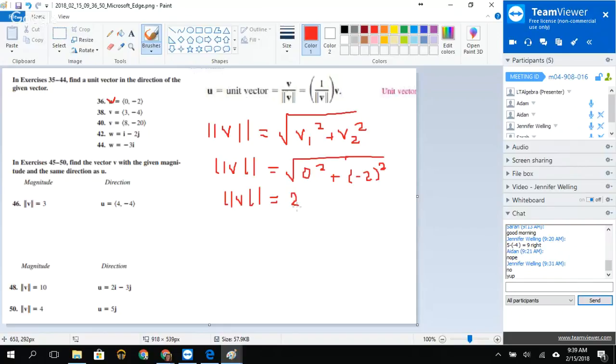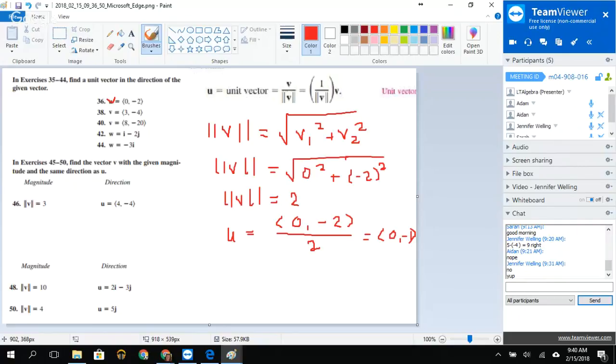Right? So then our unit vector is going to be our vector, which is 0, -2, divided by 2, or 0, -1.